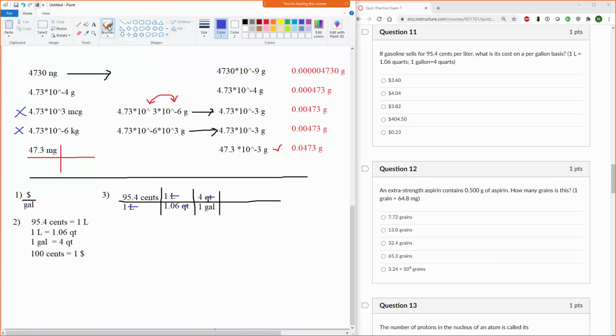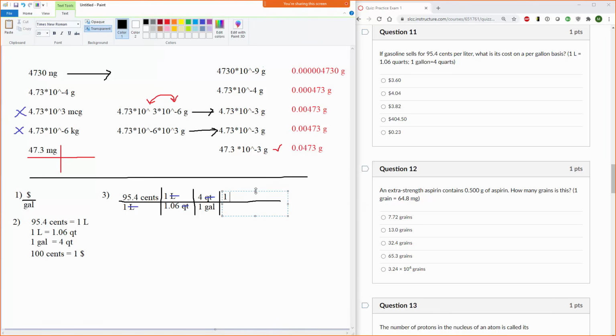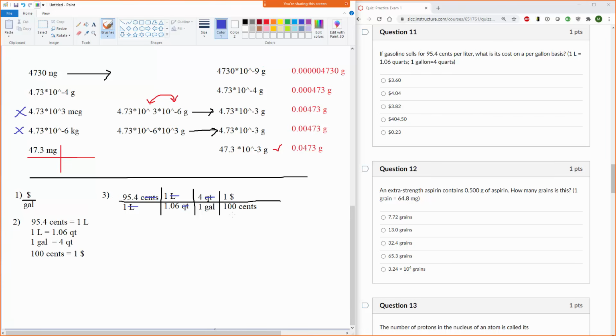Now we have cents per gallon. What do we do next? $1 over 100 cents. And now our cents cancels. And we get dollars over gallons.